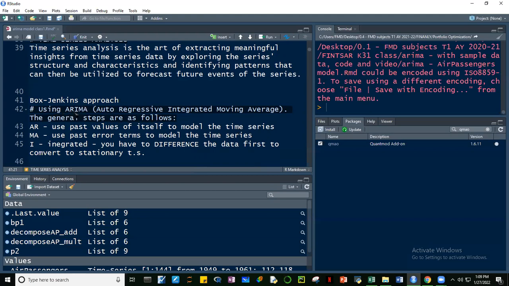Yung ARIMA model, ang composition niyan, AR, MA, at saka yung I. No? AR stands for autoregressive. Pag sinabi natin na we're using an autoregressive model, we are modeling the time series based on past values of itself. Okay, so kunyari meron tayong let's say GNP na data.